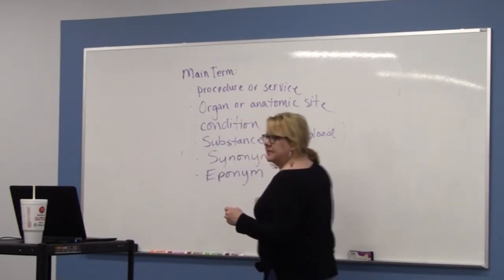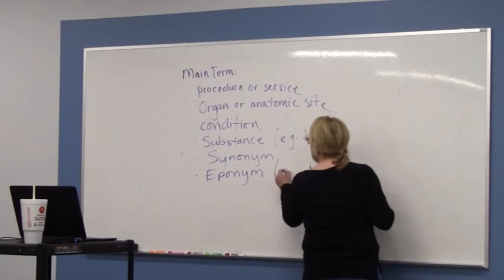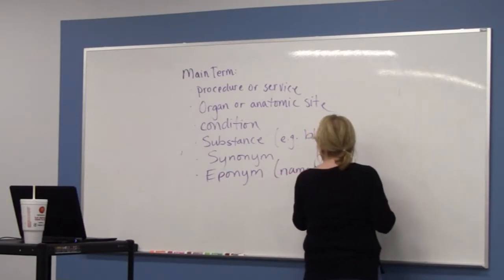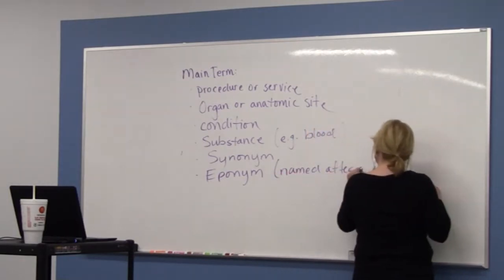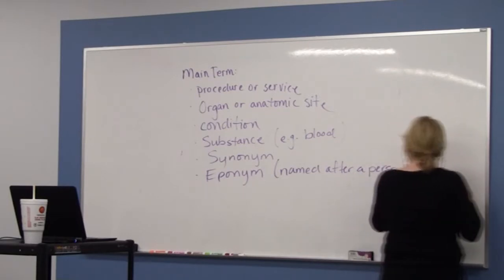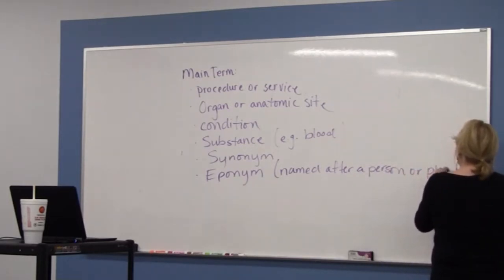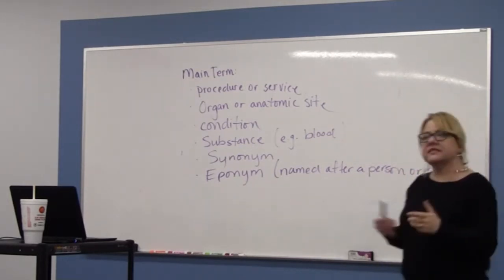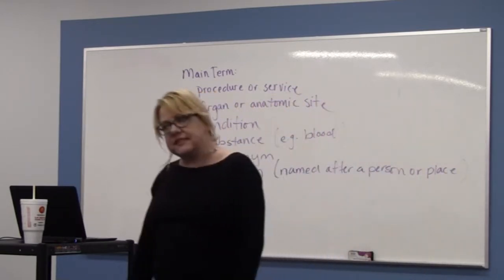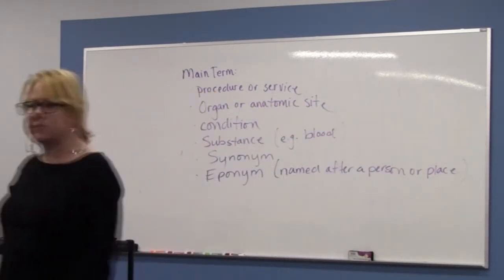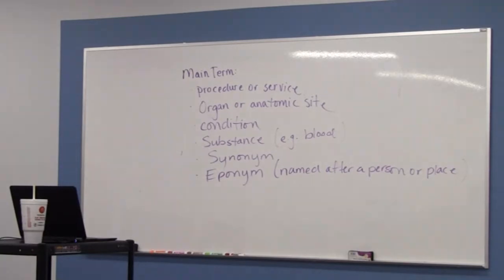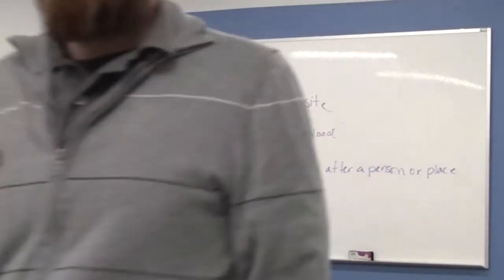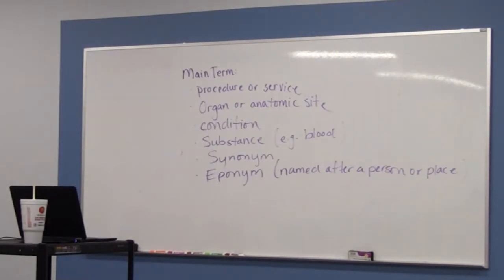You'll find these in ICD too. Eponyms are things named after a person or place. You're probably going to see more of them in ICD, like Parkinson's disease, Alzheimer's disease. Alzheimer's is named after the doctor who identified it. Lyme disease is named after Lyme, Connecticut, where they first discovered it.